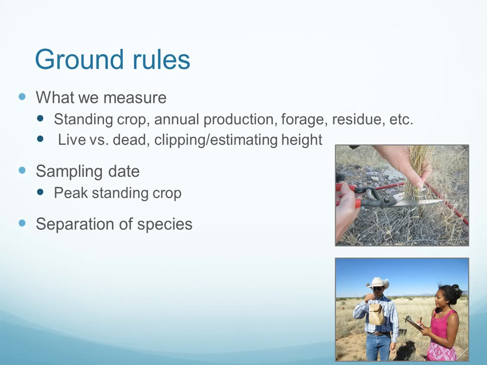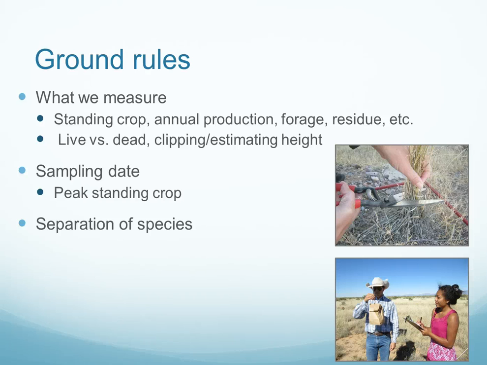Whether we separate species or not is also a consideration. Usually when we're doing biomass estimates, we are estimating the amount of biomass on a species by species basis. Now, depending on your purpose, you may find that it is acceptable to lump certain species together.